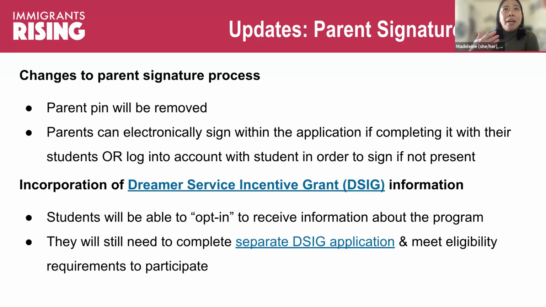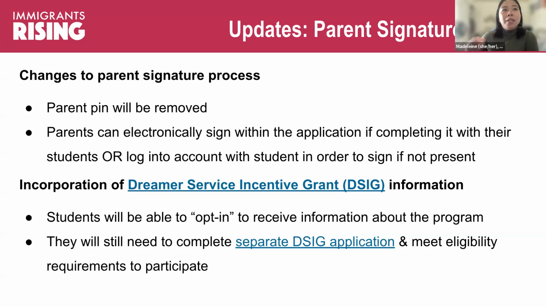And then the DREAM Act will also now have information about the Dreamer Service Incentive Grant, or DSIG, incorporated within the application itself. This, if folks don't know, is a program that allows Cal Grant B eligible recipients to receive grants for completing a certain number of volunteer service hours during their academic year, so that it provides more opportunities for paid professional development for undocumented students, regardless of whether or not they have work authorization.